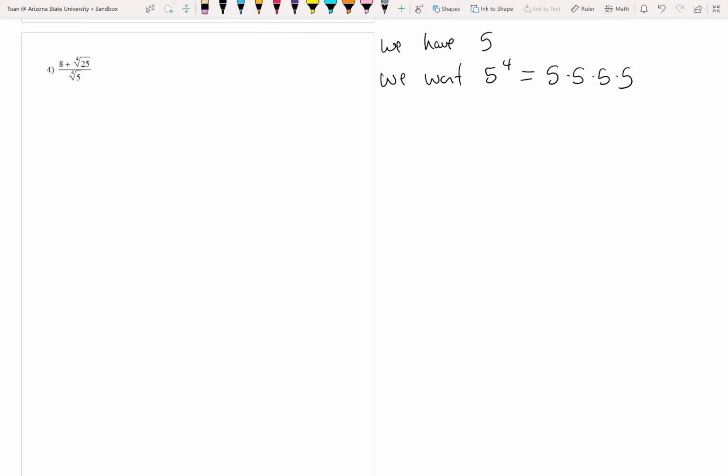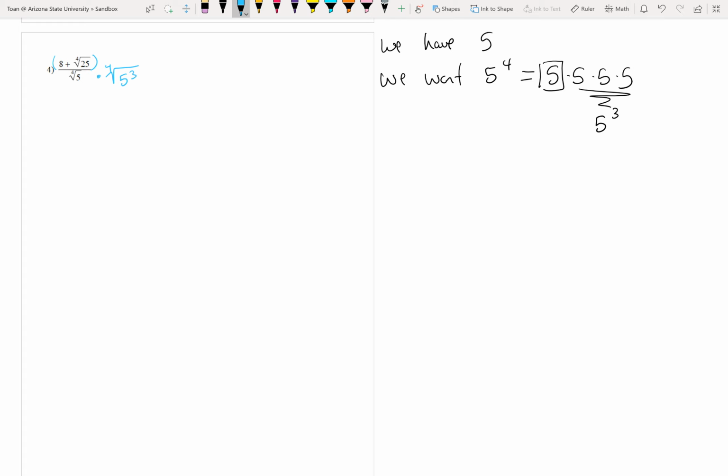We already have one 5. We want 5 times 5 times 5 times 5. So I hope it's not a big stretch of the imagination to know that we need 3 more 5s. Or in other words, we need a 5 cubed. So that's exactly what I'm going to multiply by. I'm going to multiply by the fourth root of 5 cubed.